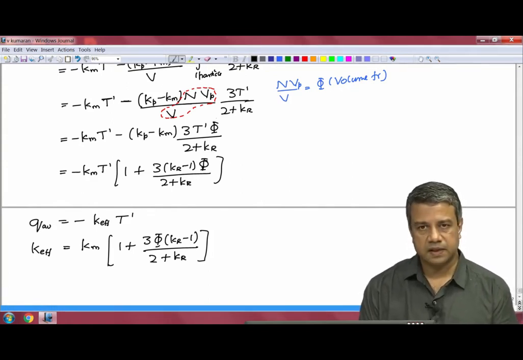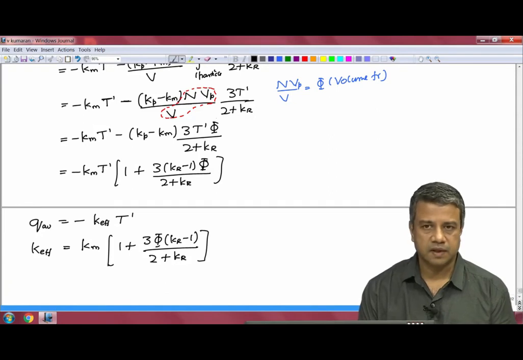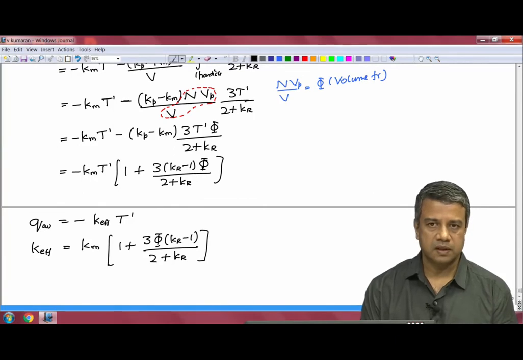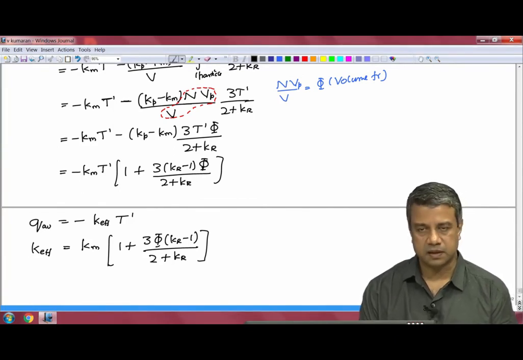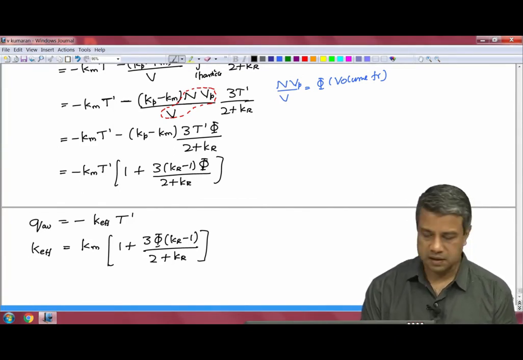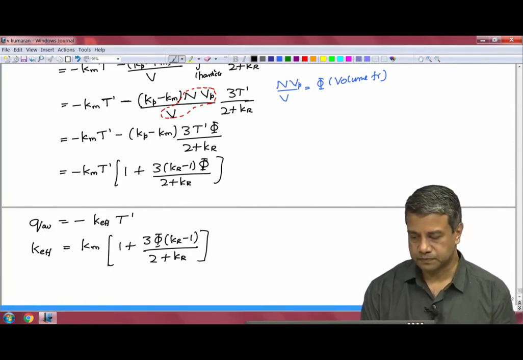So, this is the final expression for the effective thermal conductivity of a matrix consisting of particles of thermal conductivity Kp in a matrix of thermal conductivity Km in the dilute limit, when the volume fraction of the particles is small. The correction is proportional to the volume fraction of the particles.